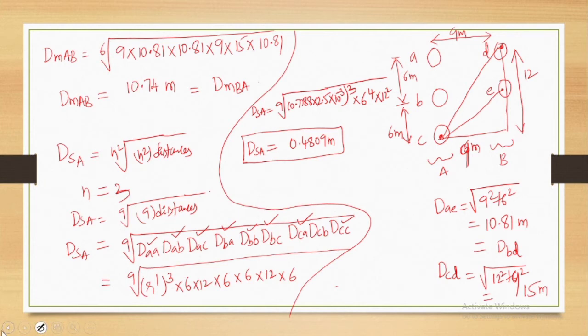Let me take a separate page because we cannot do GMR of B phase here. So how can you find the GMR of B phase? B has 2 conductors. So this is B side. B side has 2 conductors, and these 2 conductors are D and E. Now how can I find the GMR of B phase?